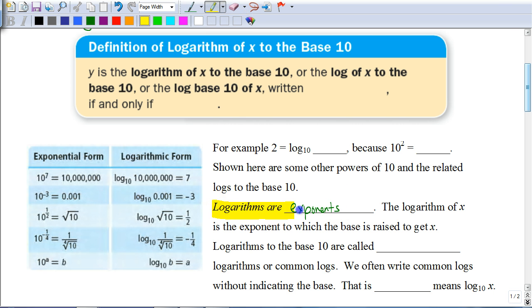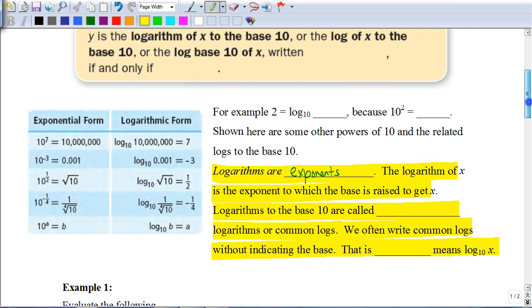So this paragraph here, let's actually start here. You may want to just pause this video and write down this paragraph that I just highlighted. It says logarithms are exponents. That's what I was just referring to in that previous sentence.